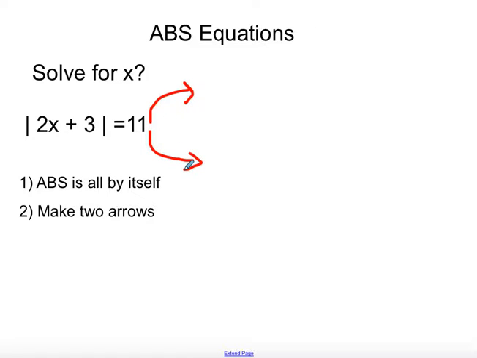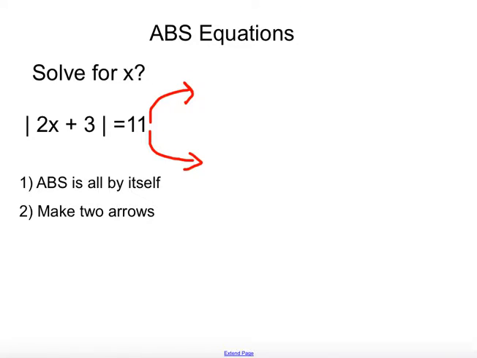Anytime you see an absolute value, make sure that it's all by itself. If it is, make two arrows which give you the eligibility to get rid of those two bars. Look at this, it's like a jail. It seems like this equation exists in a jail. In order for this guy to reach freedom, we have to make two beautiful arrows here.